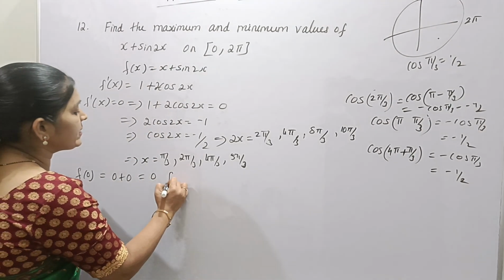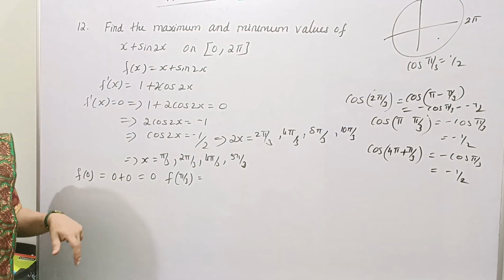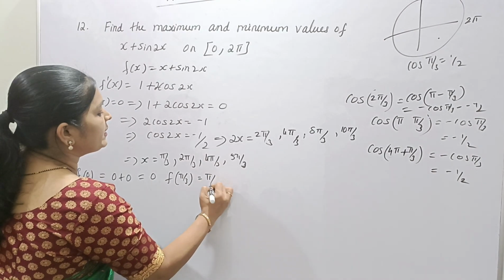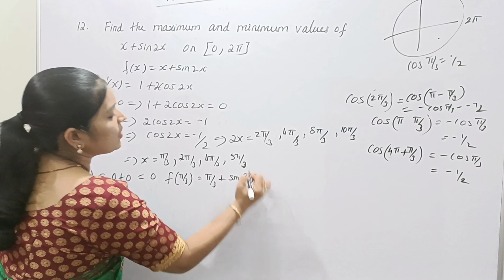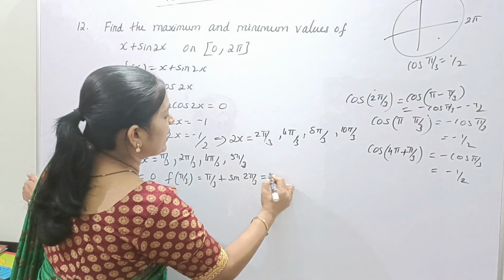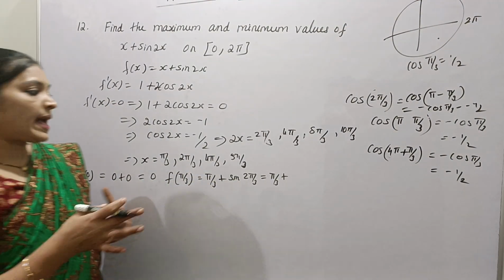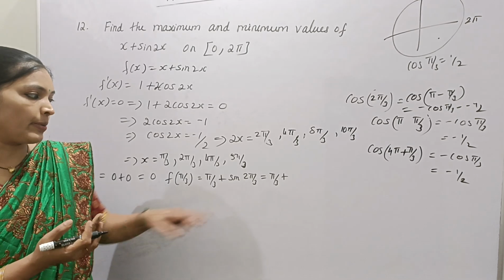Okay. Then next we will find f of pi by 3. f of pi by 3 is equal to pi by 3 plus sine 2 pi by 3. What is sine 2 pi by 3? We know that sine pi by 3 is root 3 by 2.